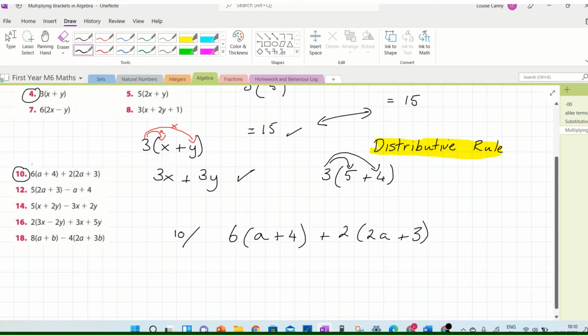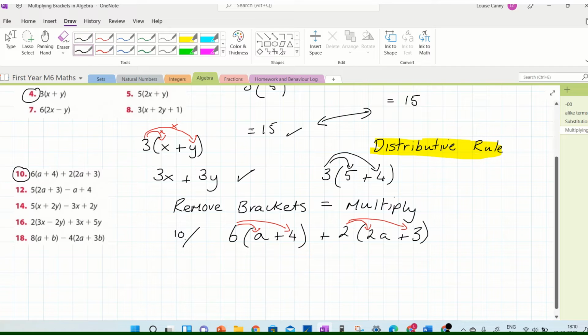I am being asked to remove brackets, which basically means the same thing as multiply. So I'll remove my brackets, so that means I have to multiply the 6 by everything inside the brackets and the 2 by everything inside the brackets. I'm going to use my little arrows to help me to remember to multiply everything I need to multiply. I need to multiply 2 by 2a and 2 by 3.